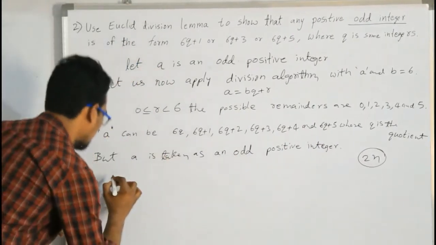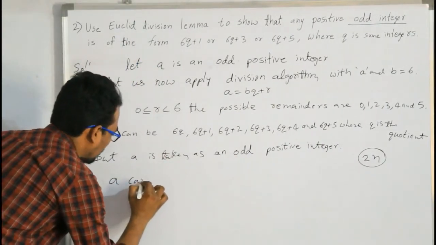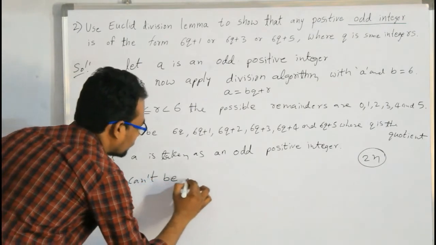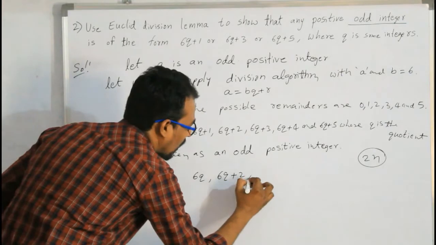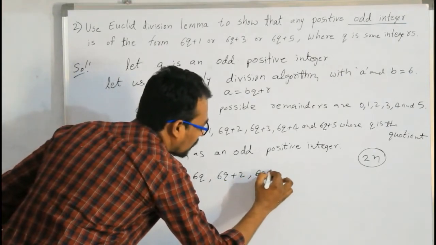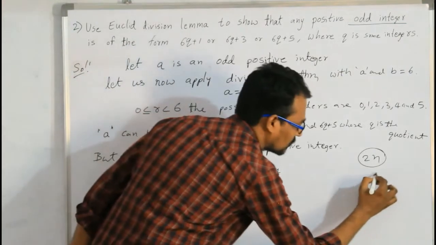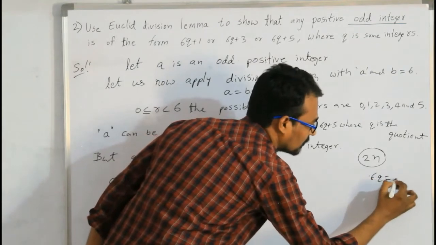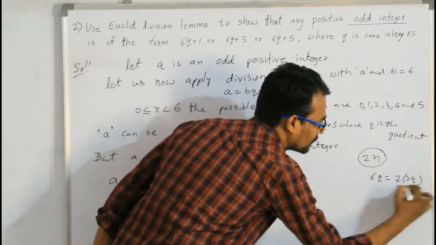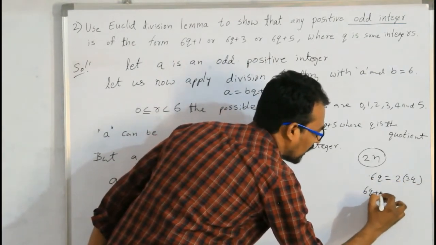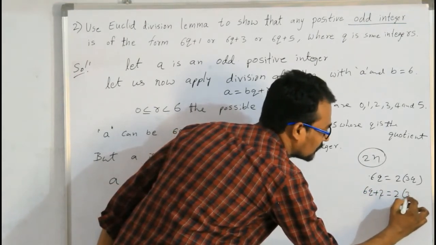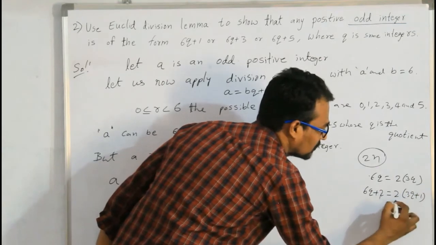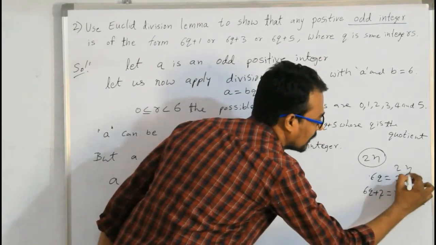So a cannot be 6q, 6q + 2 and 6q + 4. Why? Because 6q means 2 into 3q. 6q + 2 equals 2 into (3q + 1), which means the 2 into n form.